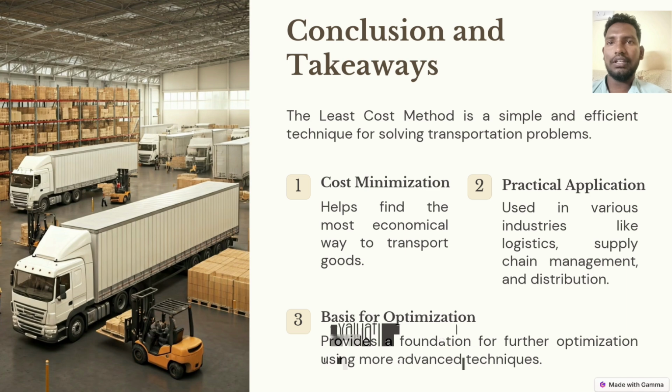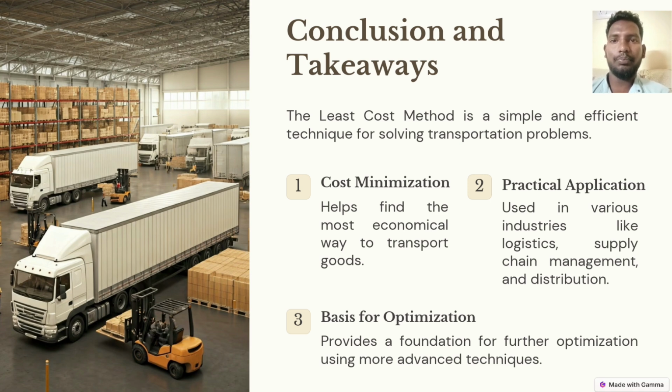Next, we will move on to the conclusion and takeaways. The least cost method is a simple and efficient technique for solving transportation problems. First one, cost minimization: it helps find the most economical way to transport goods.